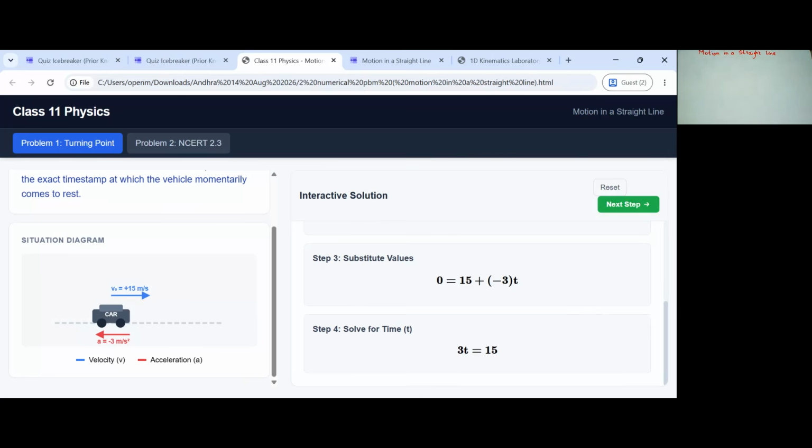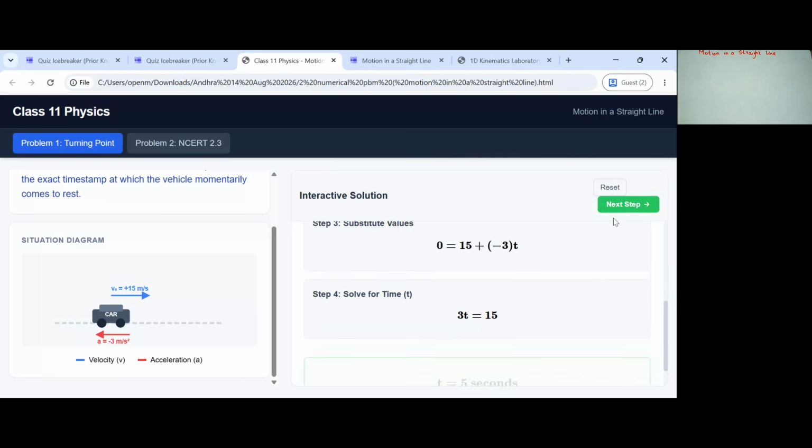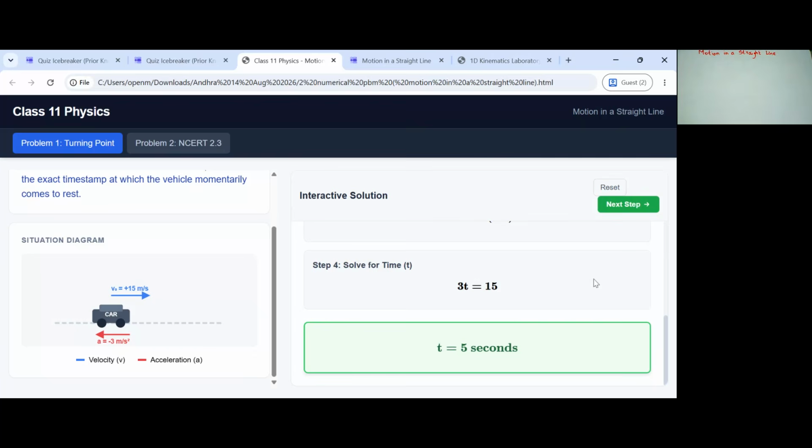Now reveal the answer. T is equal to 5 seconds. That's all. We find our answer. It takes exactly 5 seconds for the car to stop. That's why I am saying in our simulation, at time equal to 5 seconds, the car stops momentarily at rest, and then the car keeps moving after crossing that 0 value.